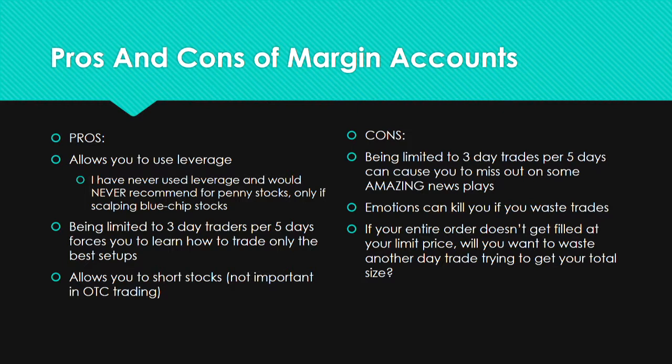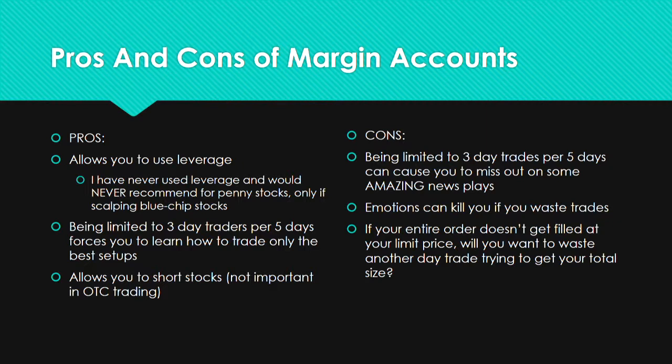Now, the main thing that I don't like about margin accounts and having the day trader rule is that say you want to buy some penny stock. Say it's a penny stock that's worth 10 cents. You want to buy 10,000 shares of it, and when you have a margin account, you place a limit order at 10 cents.